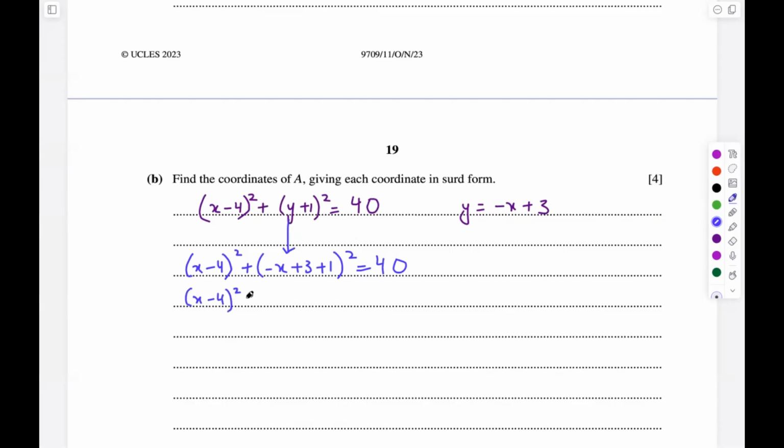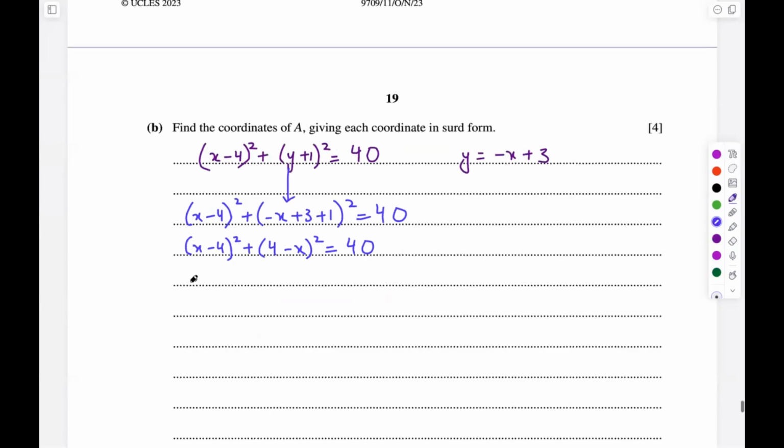Simplifying first, we'll get 3 plus 1, 4. So this will become 4 minus x whole squared equals 40. Expanding, we'll get x squared minus 8x plus 16, plus 16 minus 8x plus x squared equals 40.